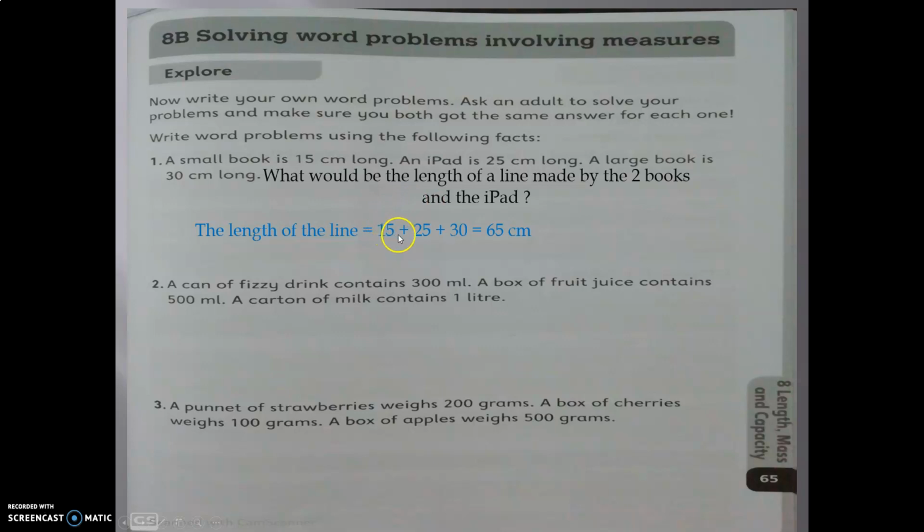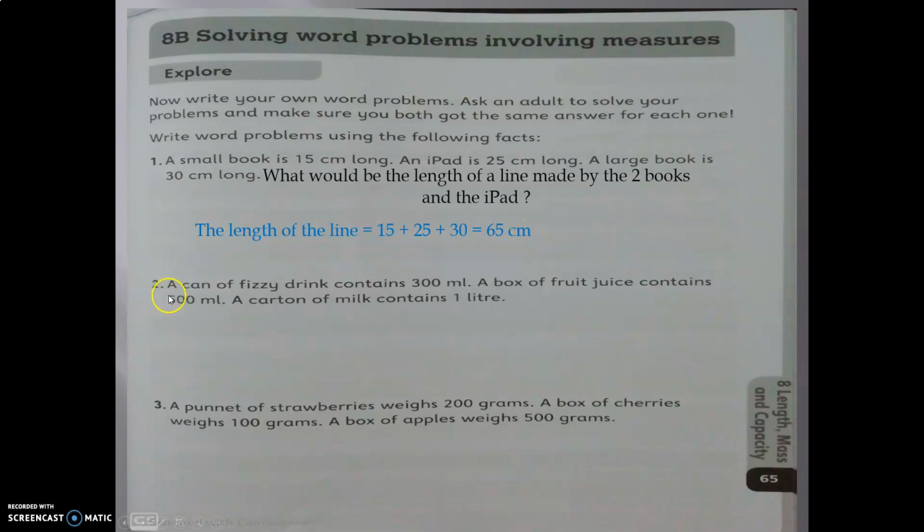Especially as they are in the same measuring unit, you will just make plus without any converting. So the length of the line equals 15 plus 25 plus 30 equals 65 centimeter. So once you are adding all the numbers in centimeter, your answer should be in the same measuring unit, centimeter.